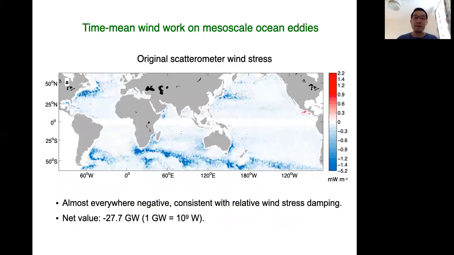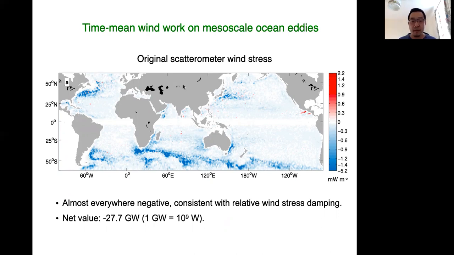Okay, so this is the result. It shows the time mean, the 10-year mean wind work on mesoscale ocean eddies, using the original scatterometer wind stress. What you can see is the color is more or less blue everywhere.